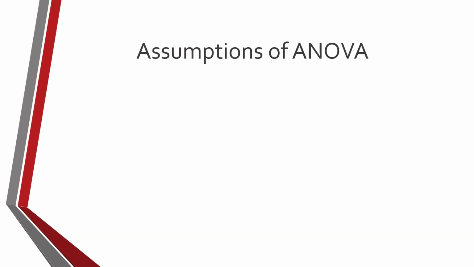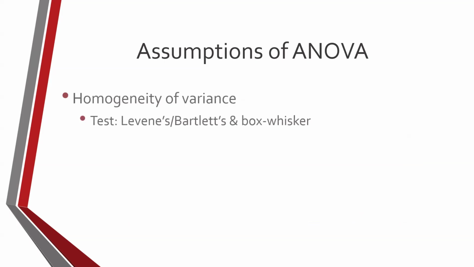So to do this, we're going to need to make some assumptions about their behavior. Those are the infamous assumptions of AOV. The first one is homogeneity of variance, that the variances of the different treatments are approximately equal. If you have a treatment that is much more variable or much less variable than the others, the analysis won't work.